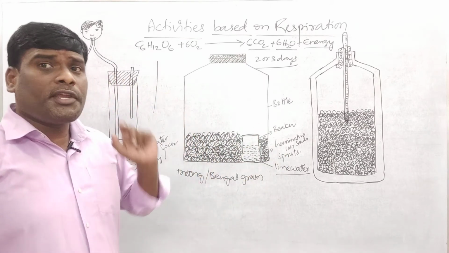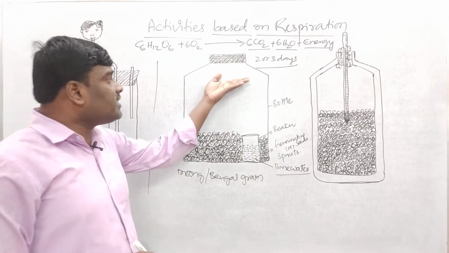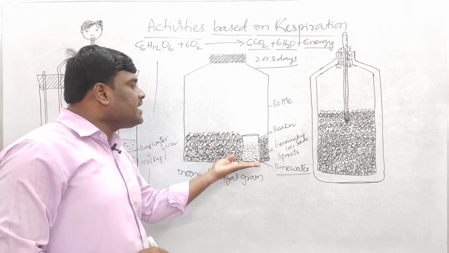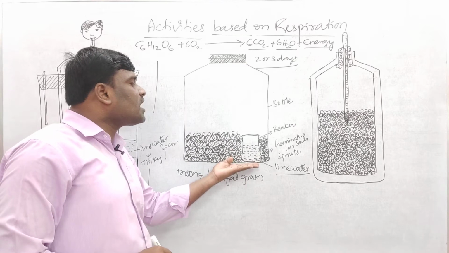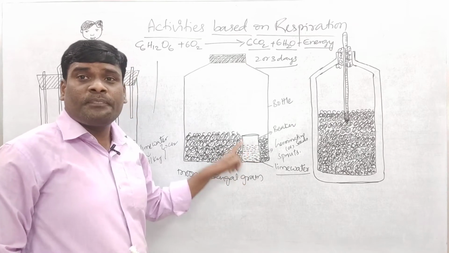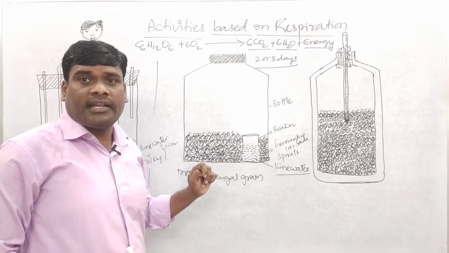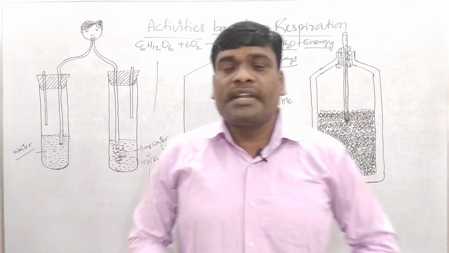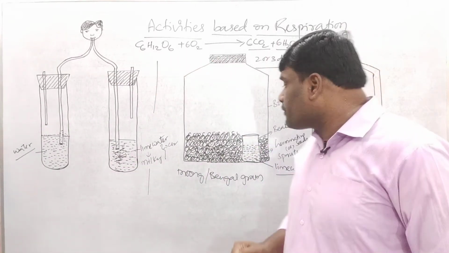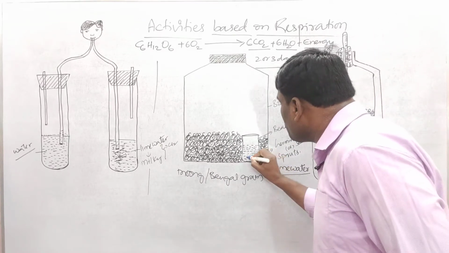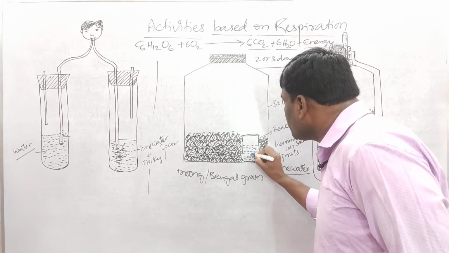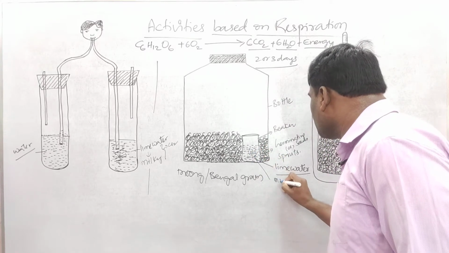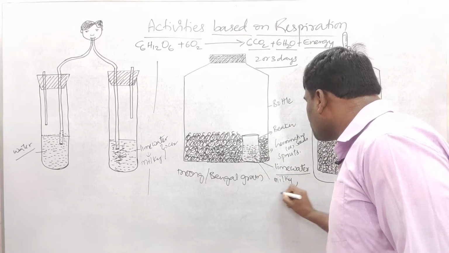Just for 2-3 days you keep the whole apparatus in one corner of the room without disturbing it, children. So what do you observe? As we have taken a transparent bottle here, we can easily see the changes which are occurring in the lime water. So when you place it undisturbed for 2-3 days and observe it daily, we see that slowly this lime water turns milky.